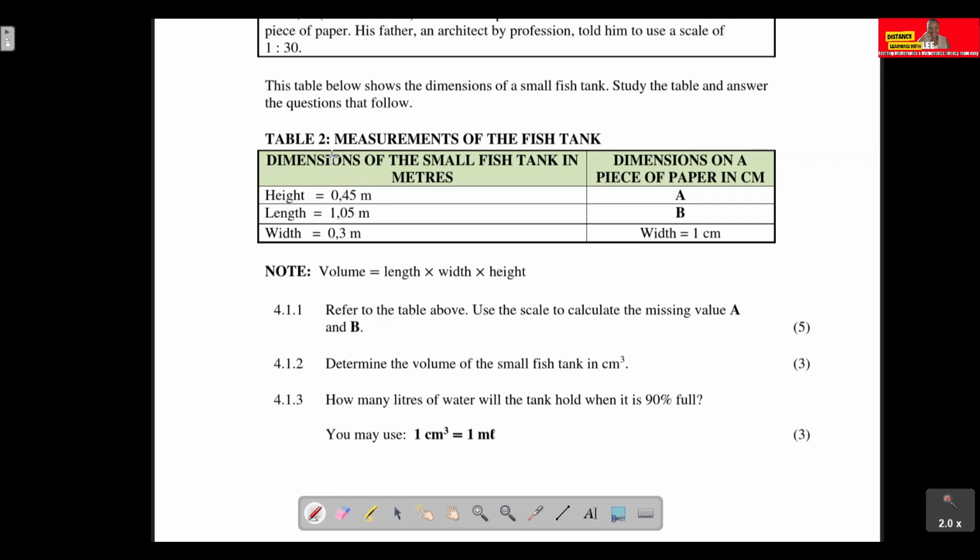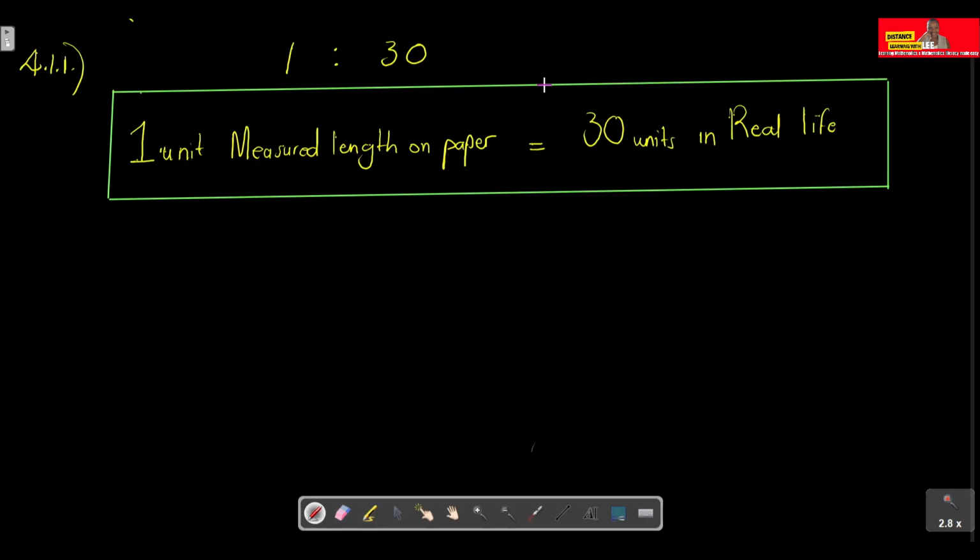We're given the height of 0.45 meters, and we want to determine what is the dimension on paper. However, what do we notice about the height, the length, the width? These dimensions are given in meters. So the first thing we're going to do, guys, is convert these dimensions into centimeters, because when we use this equation, we'll have our final answer in centimeters.